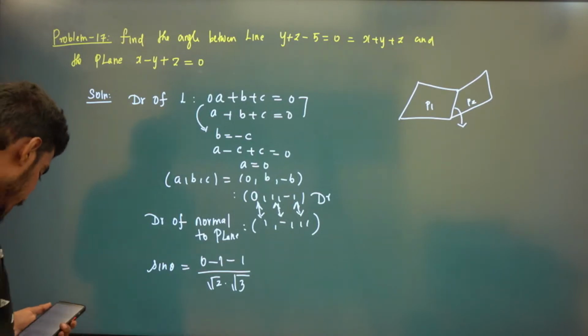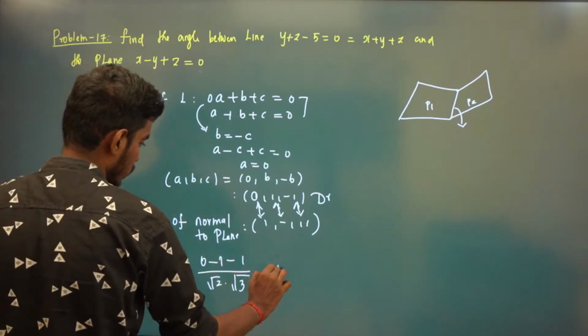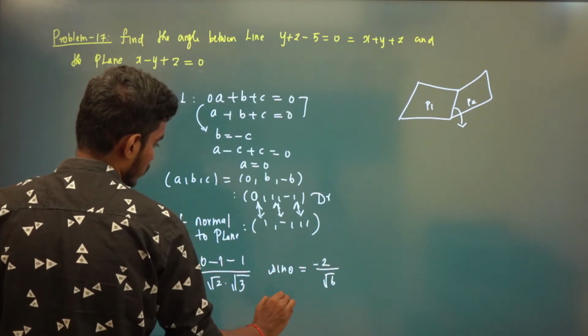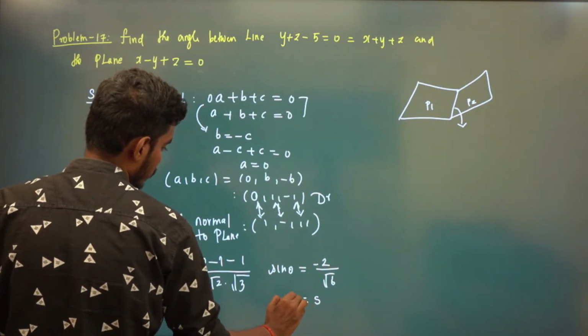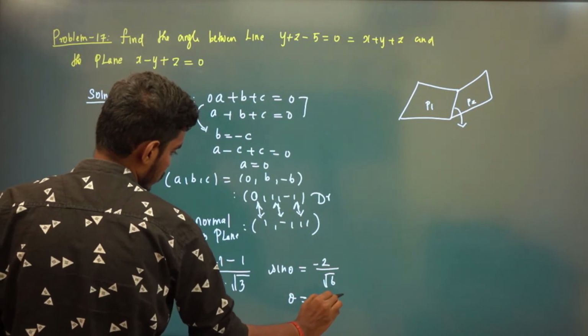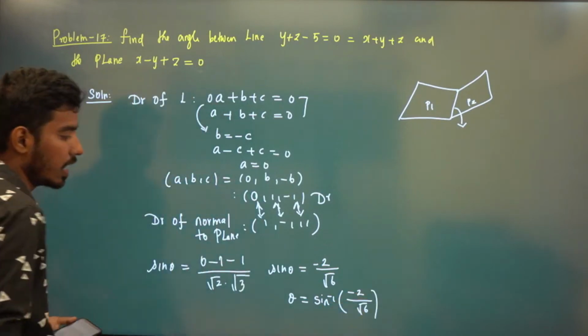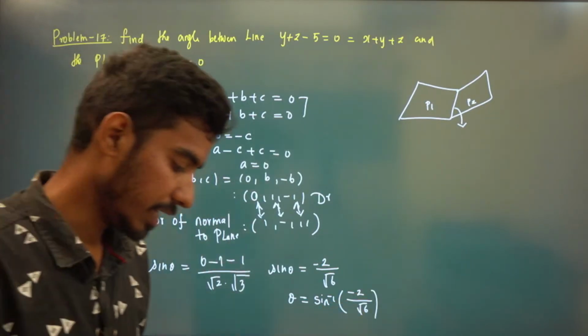So you will have sin theta equal to minus 2 by root 6. So theta is equal to sin inverse of minus 2 by root 6. This is the angle between the line and the plane.